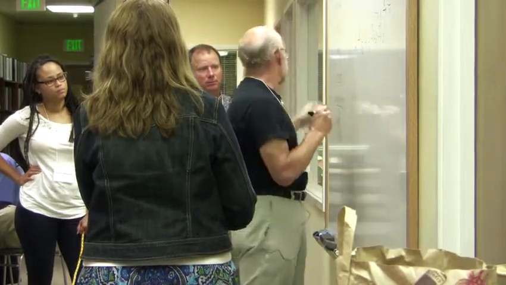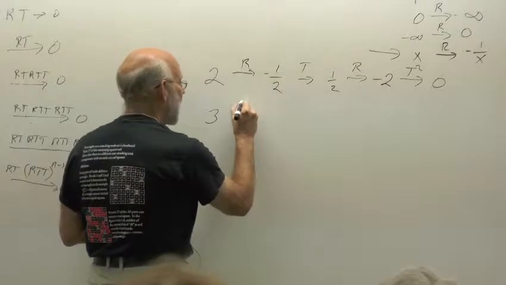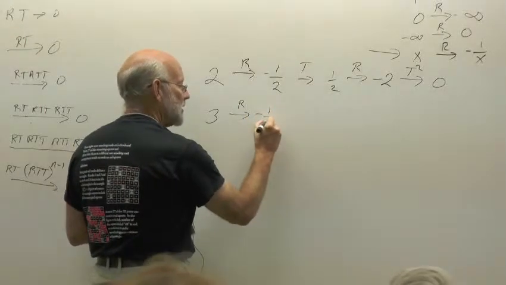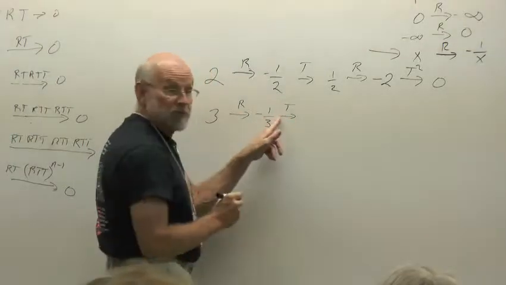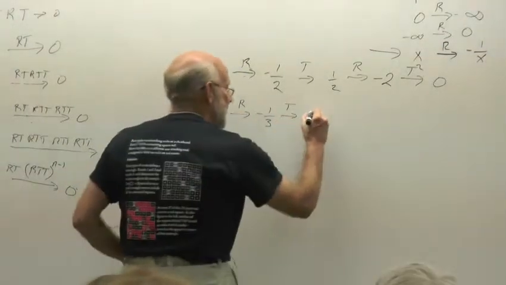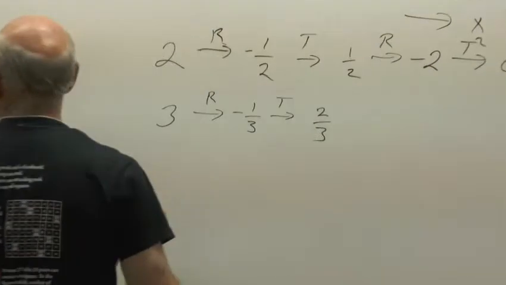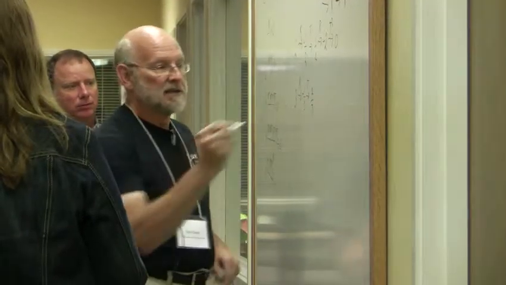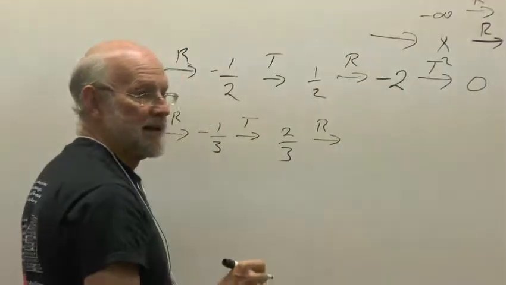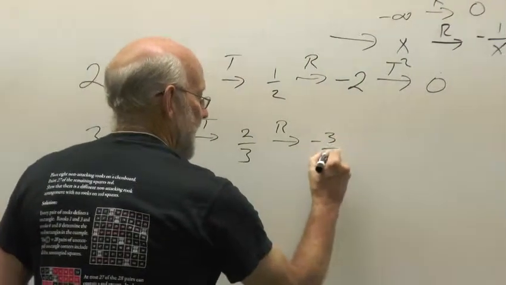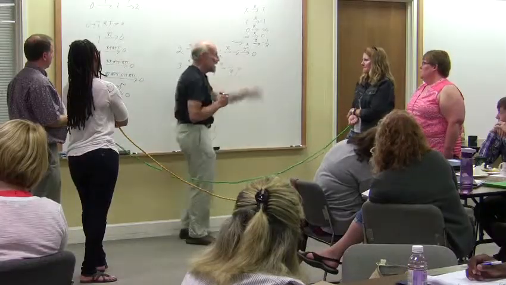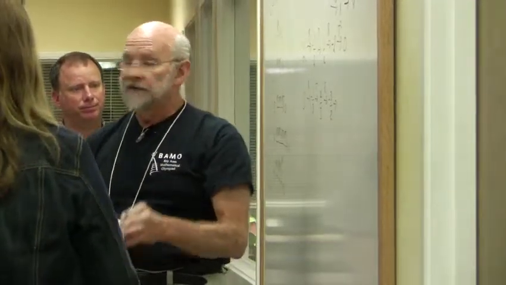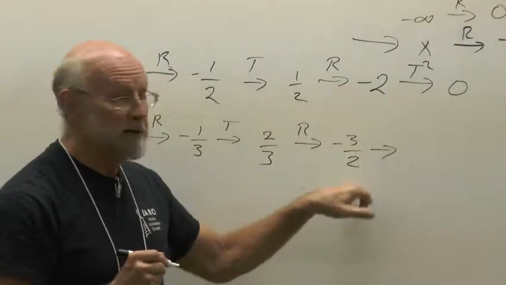Just for the heck of it, let's do 3. It won't be a proof of anything, but what do we do? An RT. R gets us to negative 1/3. A T adds 1 to negative 1/3, so that gets us to 2/3. And now I do an RTT. R gives negative 3/2, then TT: we have to add 1 and add 1 again, that's add 2 total, so this will be positive 1/2.